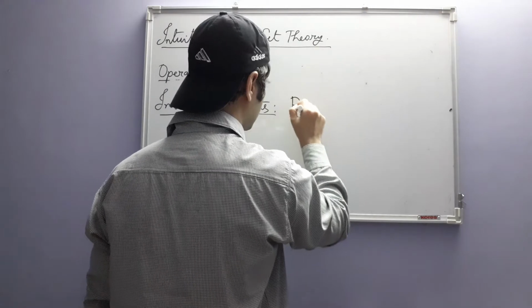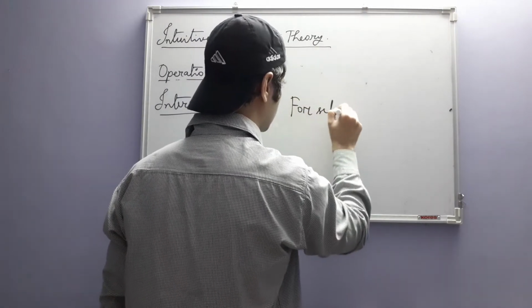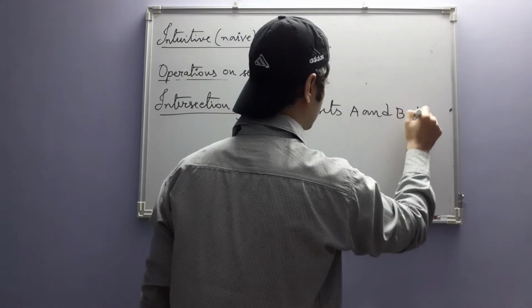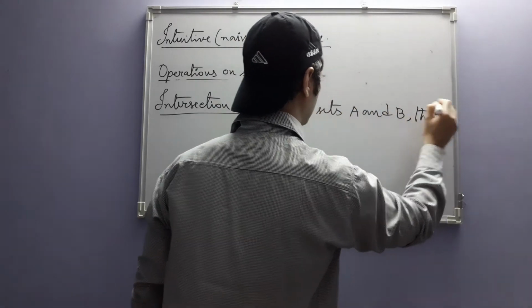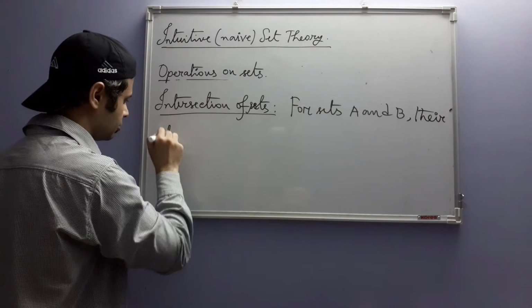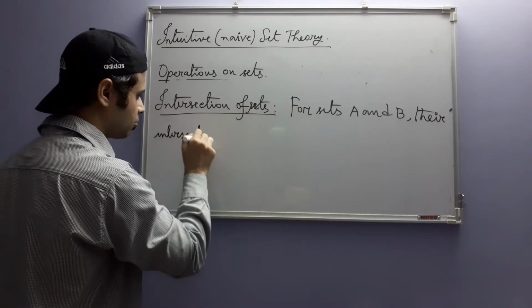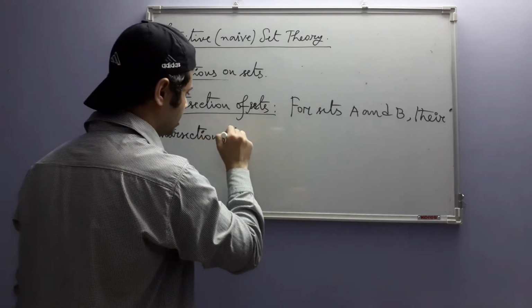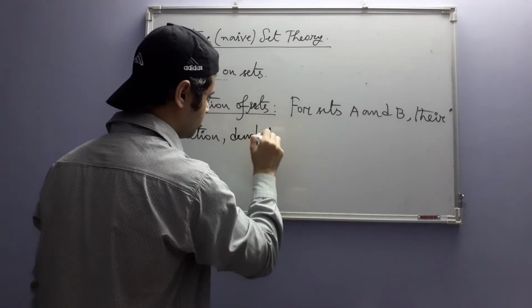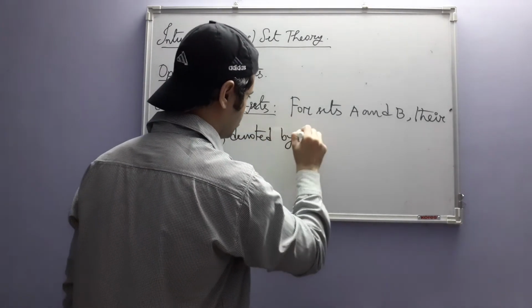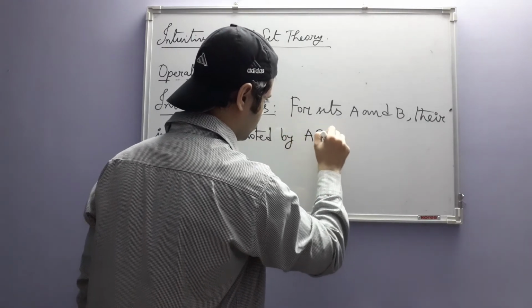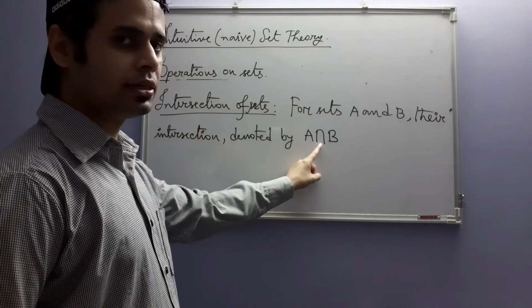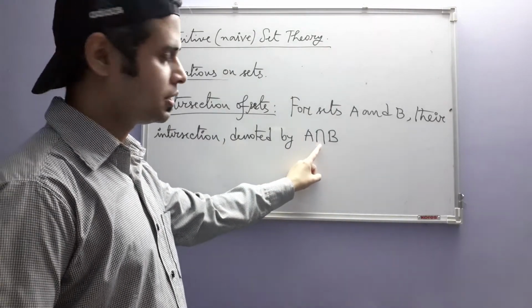For sets A and B, their intersection, denoted by like this symbol, upside down U sort of symbol.